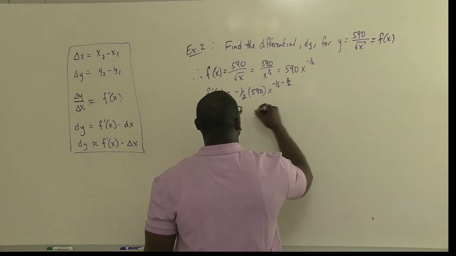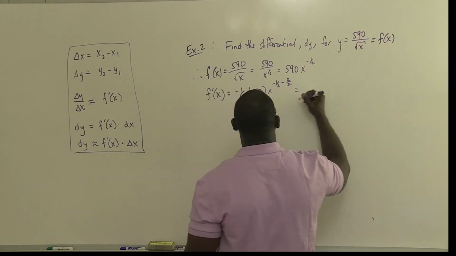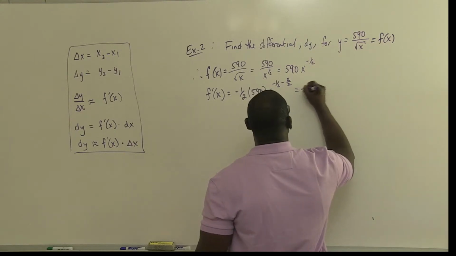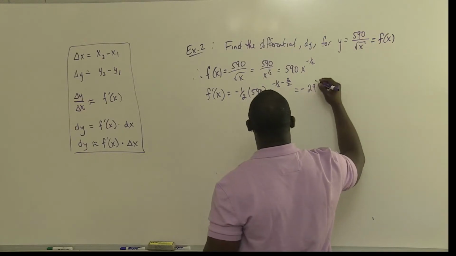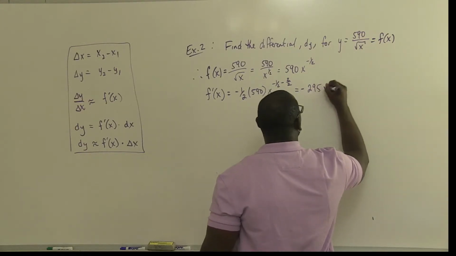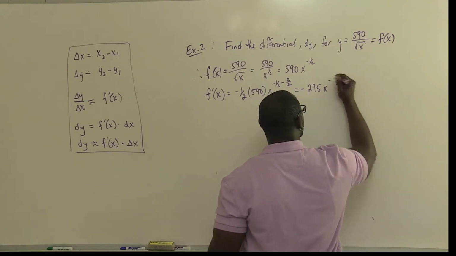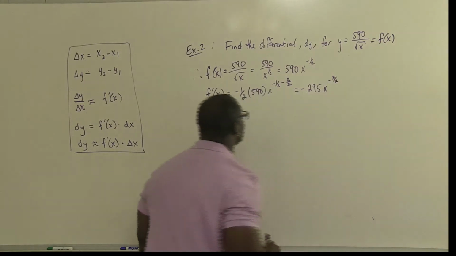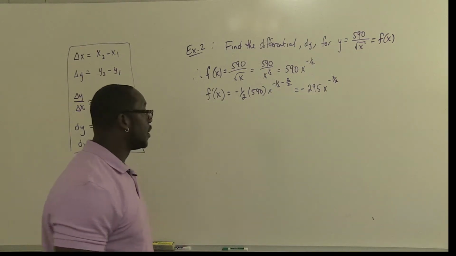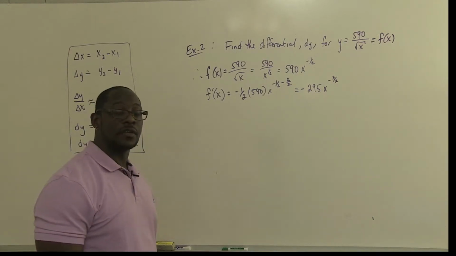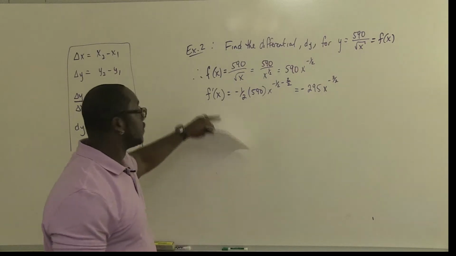We'll do half of 590, which is minus 295, so we have negative 295 times x raised to the negative 3/2 power. That's what our actual derivative of f would be.